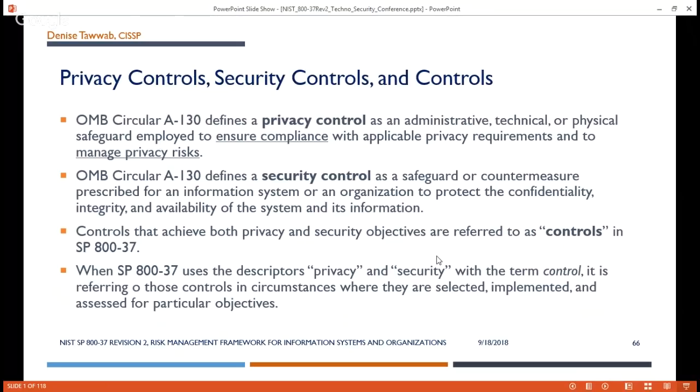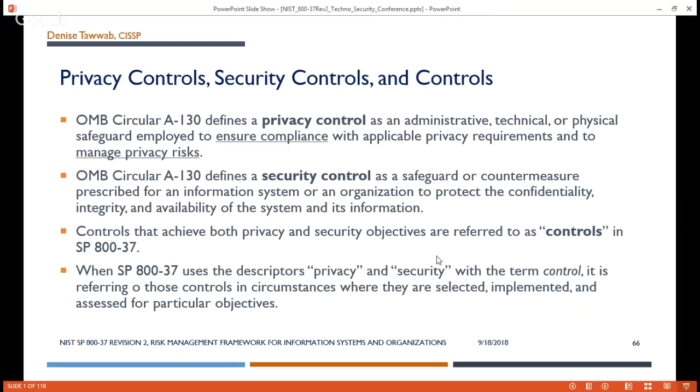So let's talk about the difference between privacy controls, security controls, and controls. OMB Circular A130 defines a privacy control as an administrative, technical, or physical safeguard employed to ensure compliance with applicable privacy requirements and to manage privacy risk. A130 defines a security control as a safeguard or countermeasure prescribed for an information system or organization to protect the confidentiality, integrity, and availability of the system and its information.